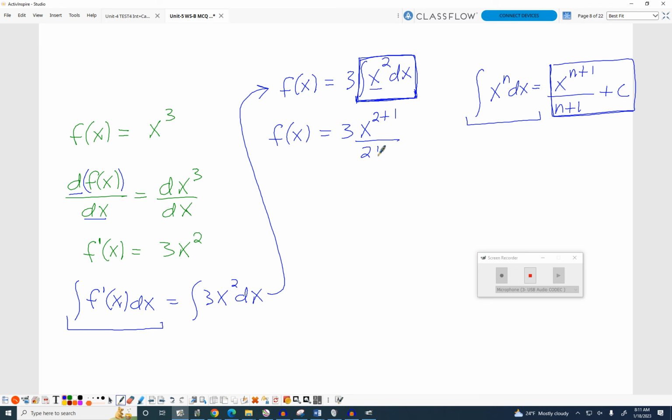Yeah. 2 plus 1 plus c. So f of x is simply 3x cubed divided by 3 plus a constant. So f of x is equal to x cubed plus a constant. Questions?